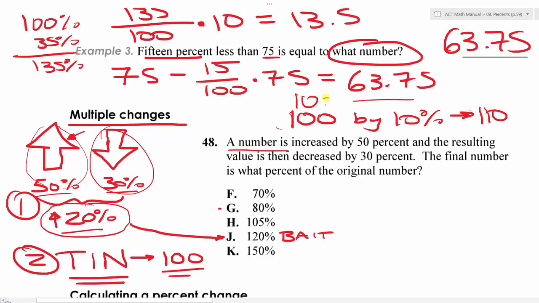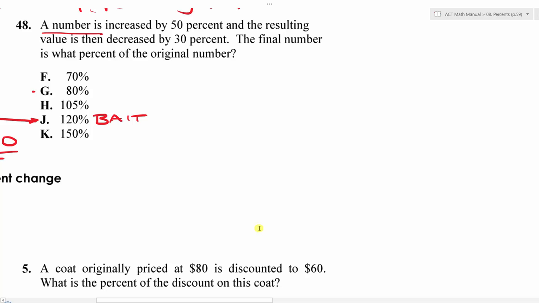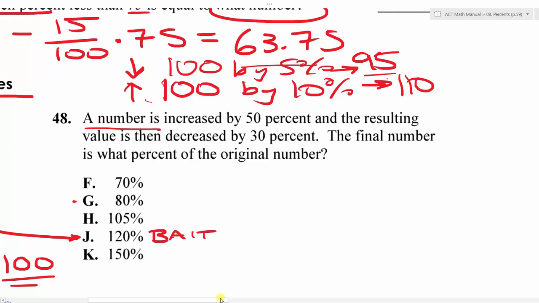If I am decreasing 100 by, let's say, 5%, most students would be able to tell you that gives you the number 95. So using 100 on a question like this will make your life quite simple. You might not even have to use the calculator, at least for the first percent change.